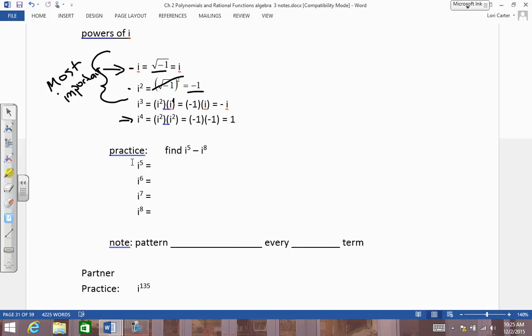Because I squared. I squared. I squared.